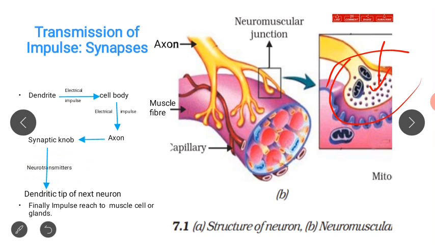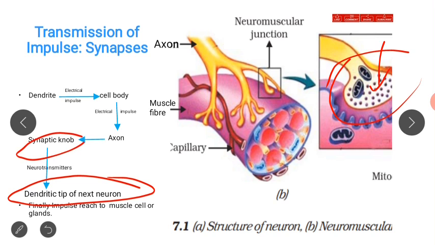So these neurotransmitters pass the electrical impulses from the synaptic knob of one nerve cell to the dendritic tip of the next neuron. The junction between the synaptic knob of one neuron and the dendritic tip of the next neuron is called synapse.